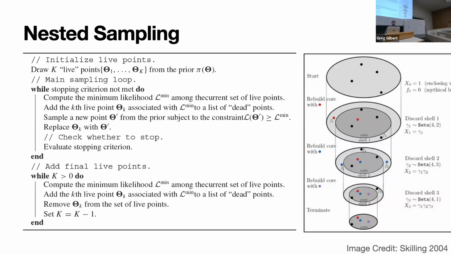You then throw down another live point. For now, let's just assume we're throwing down another live point randomly. You keep retrying throwing down that live point until you hit a higher likelihood than the one you just removed. So you can see that over time, your live points are going to be moving towards higher and higher likelihoods.